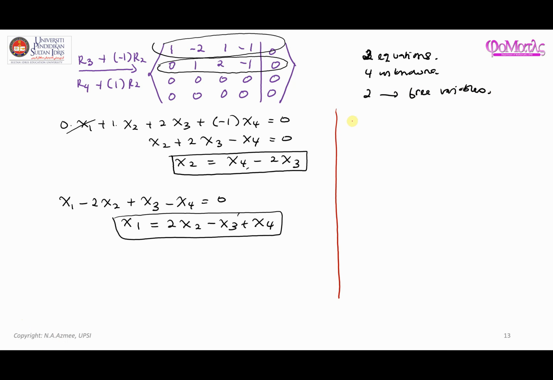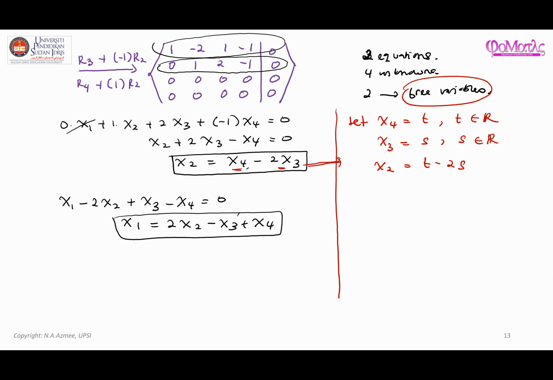So let x4 be equal to t, t is any real number, and x3 is equal to s, and s is also any real number. Therefore, these are the two free variables that we have. So x2 is equal to x4 minus 2x3, which means t minus 2s. So that's the value of x2.